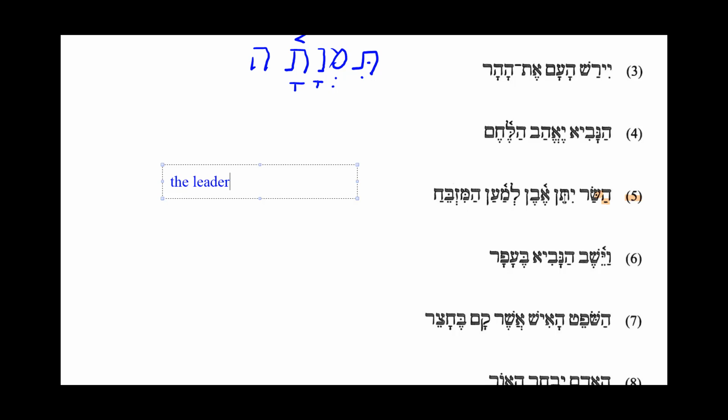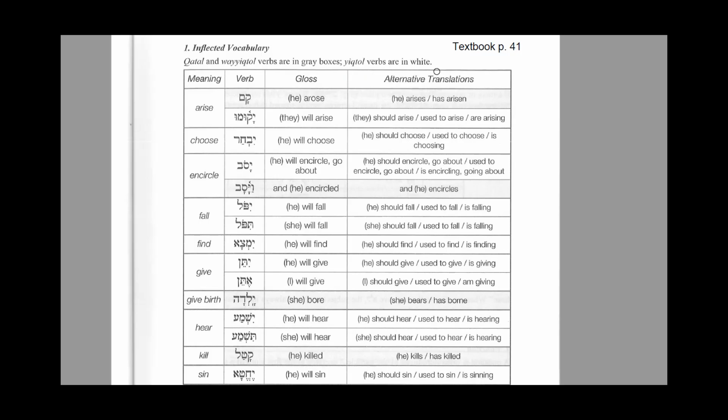Yitten is one of our verbs. We'll have to look at our chart. I think this one's on page 41. So here we are on textbook page 41, and here is Yitten. So it is he will give, third masculine singular. That's what that yod is telling us.